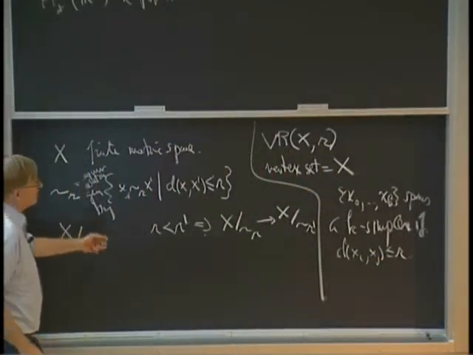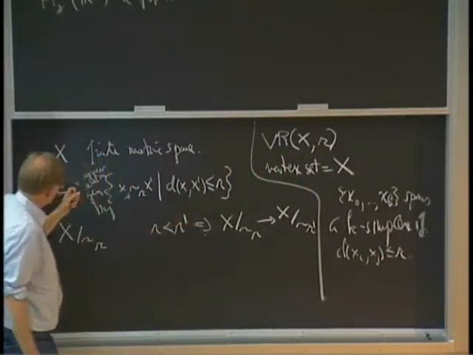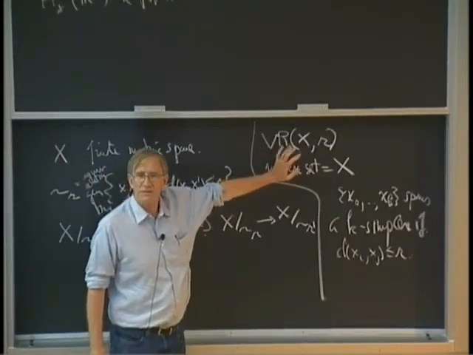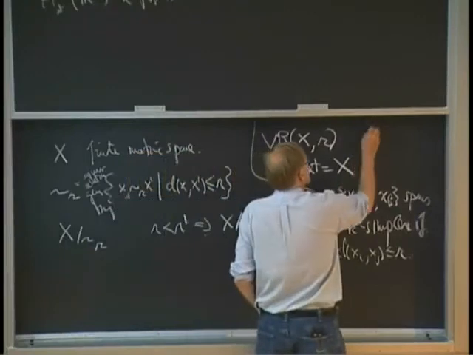It's an easy observation that what the statisticians did over here is just take pi naught of VR of X and R.